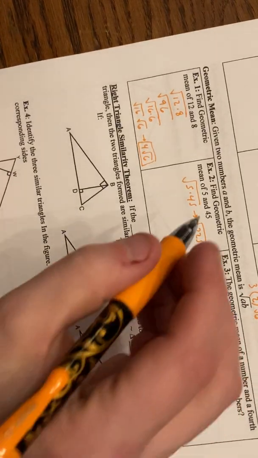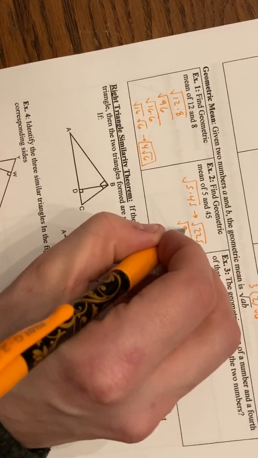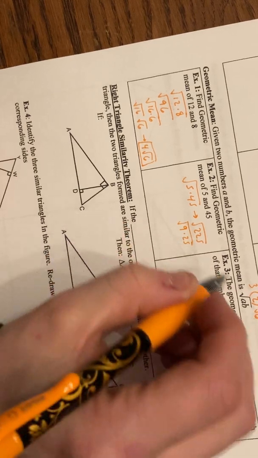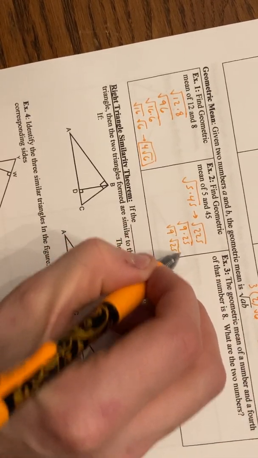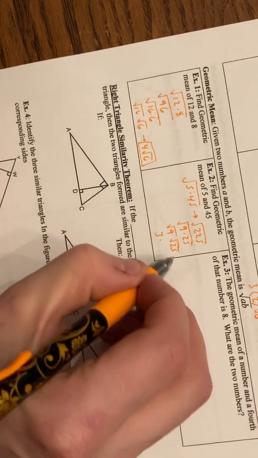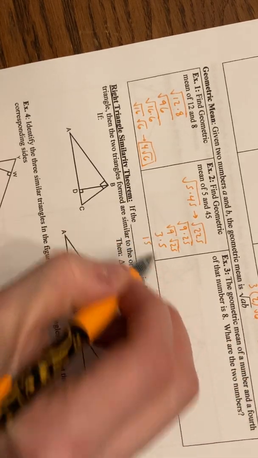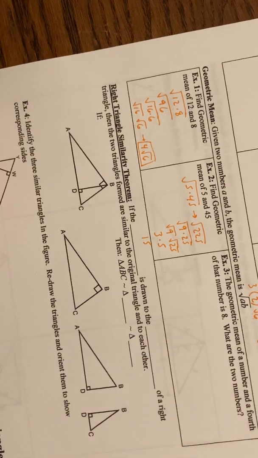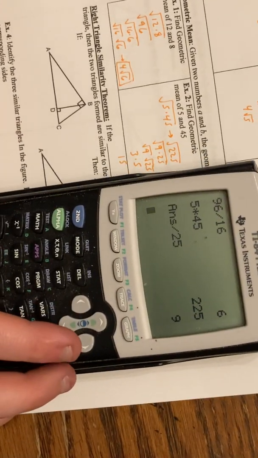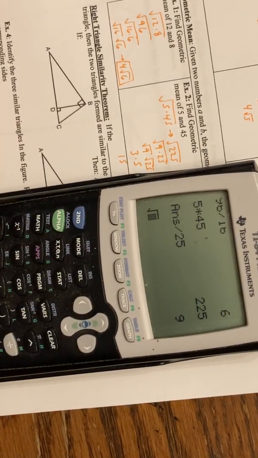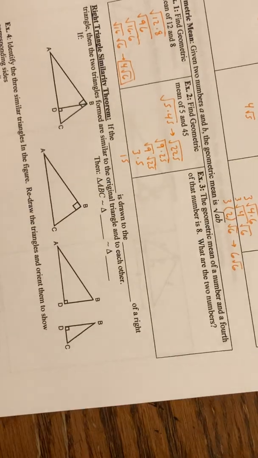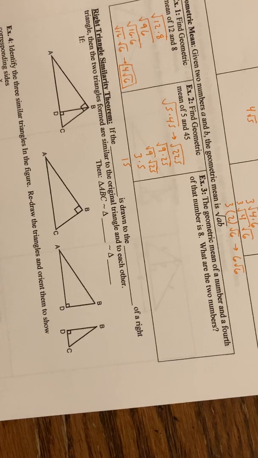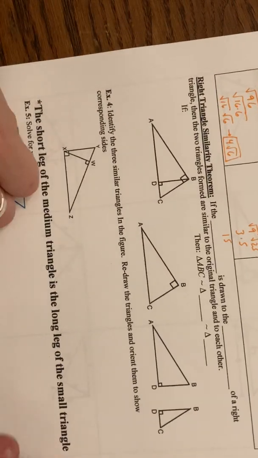So the square root of 225 is the square root of 9 times 25, which is the square root of 9 times the square root of 25, which is 3 times 5, which is 15. Oh, you know what? If I would have plugged that in my calculator, the square root of 225 is 15. All right, skip 3. We don't need to do that one.